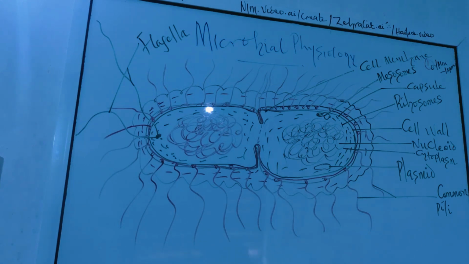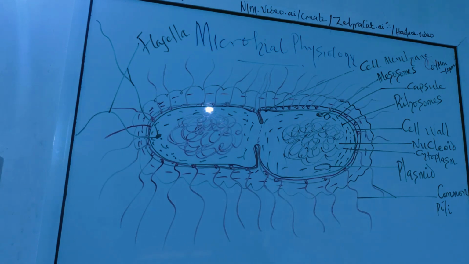So just like I said, bacteria can exist in spherical form. When they exist in spherical form, they are called cocci. They can also exist in rod shape. When they exist in rod shape, they are regarded as what? Bacillus.